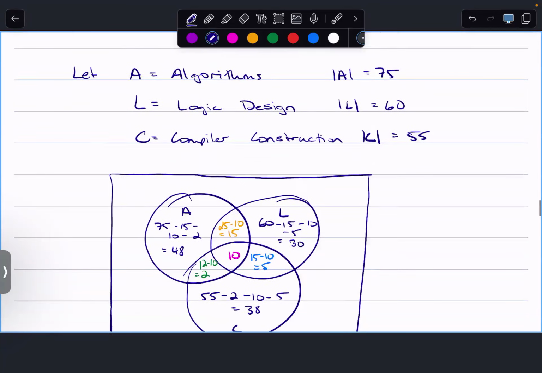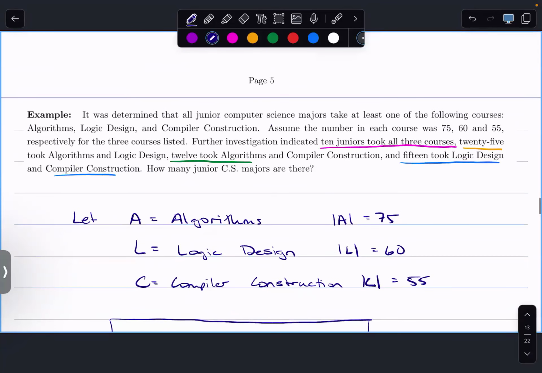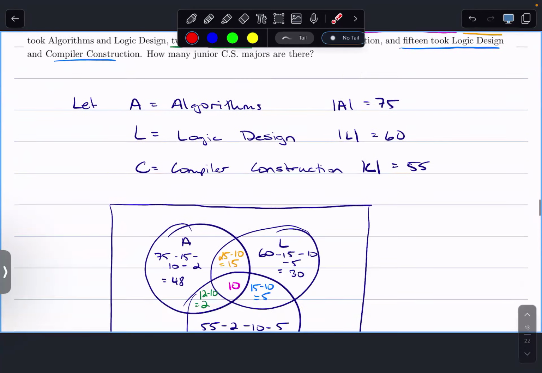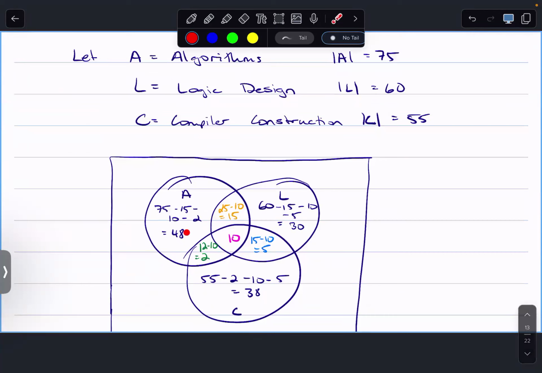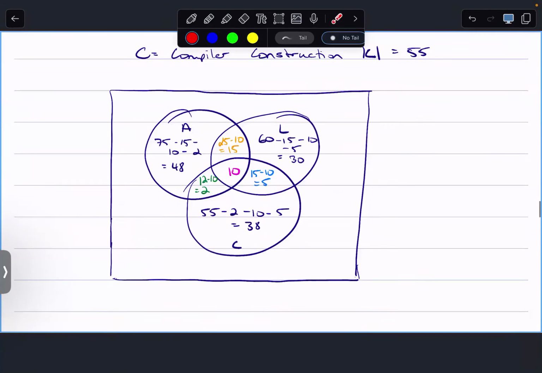And I think we said that there were none that took none. They take at least one of the following courses. So now, how many junior computer science majors are there? With the partition, we can add up all these spaces and find how many there are.